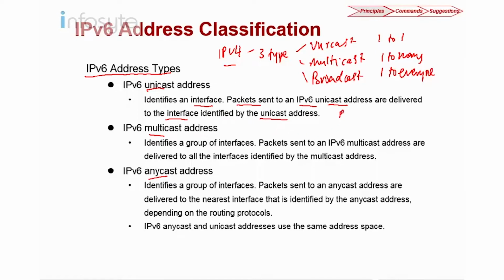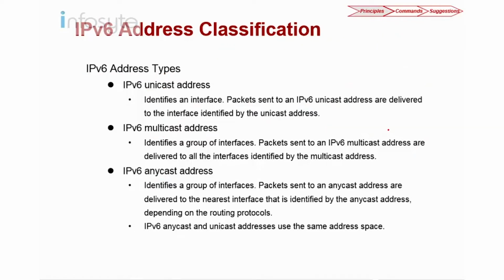Just now on R1 and R2, if you still remember, we are using 2001:12:: with the system ID or the MAC address. So this is considered a unicast.